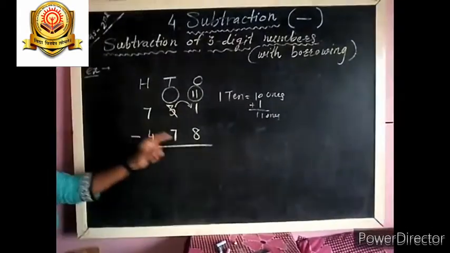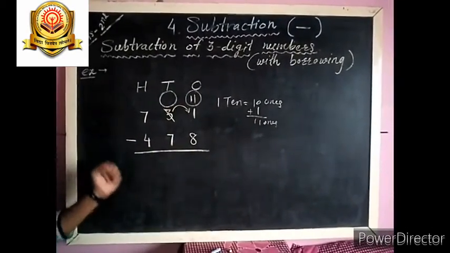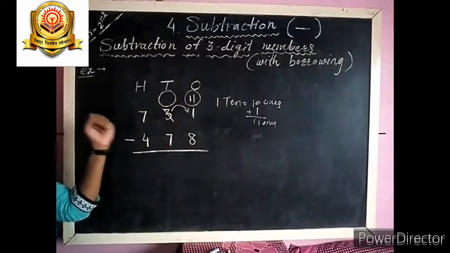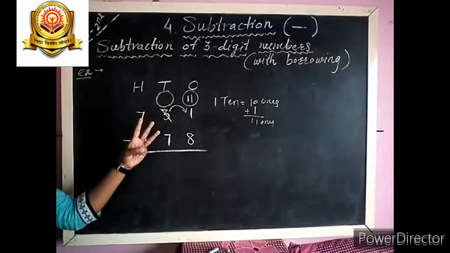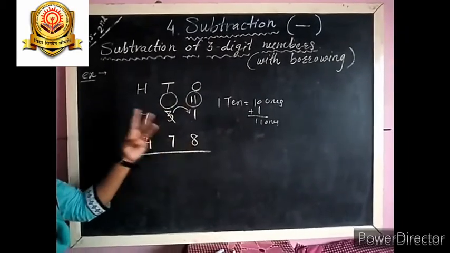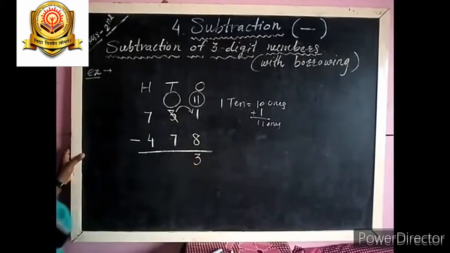Now we can easily subtract 8 from 11. Count forward from 8, 9, 10, 11. So 11 ones minus 8 ones is equal to 3 ones. So write 3 under the ones column.